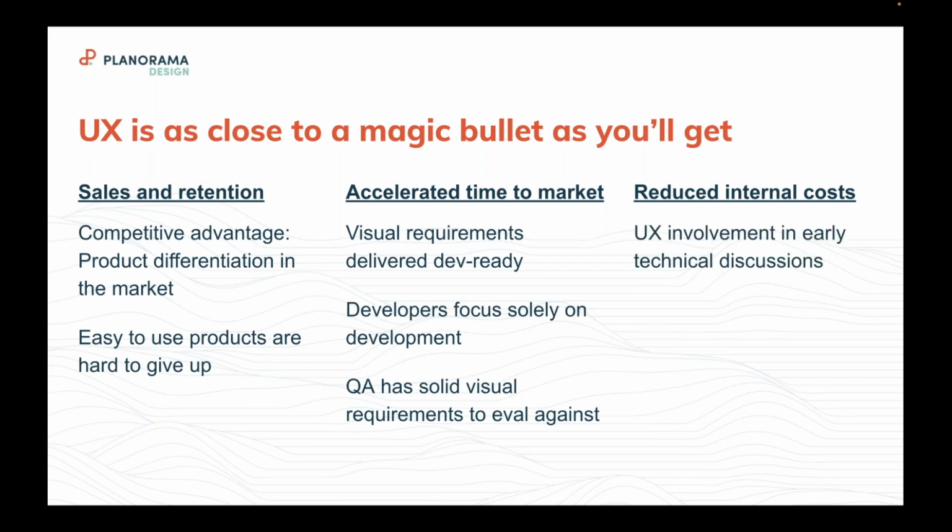And finally, about reducing costs. If you get UX involved early, they can consider how software has to react, especially based on hardware. If you're talking about hardware products or IoT products, typically you're going to have to concern yourself with the asynchronous interactions of hardware.